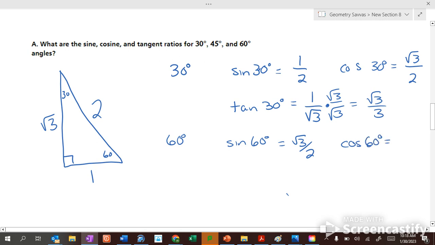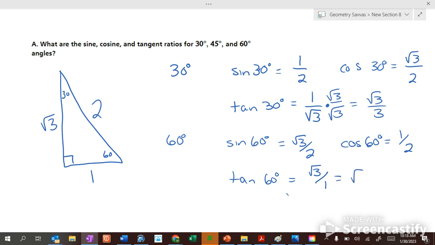What's adjacent to my 60-degree angle? 1. What's my hypotenuse? 2. And what's the tangent of a 60-degree angle? Square root of 3 is opposite. What's my adjacent? 1. And square root of 3 divided by 1 is square root of 3.